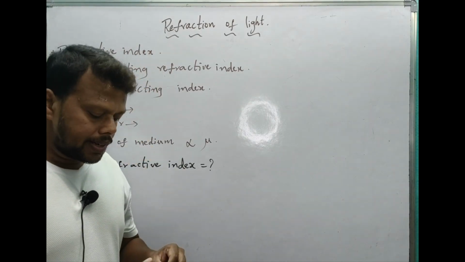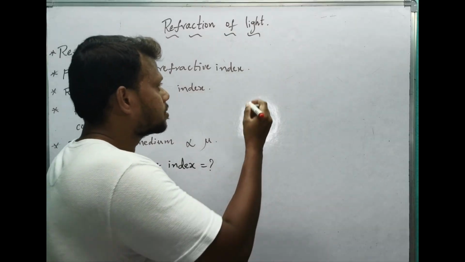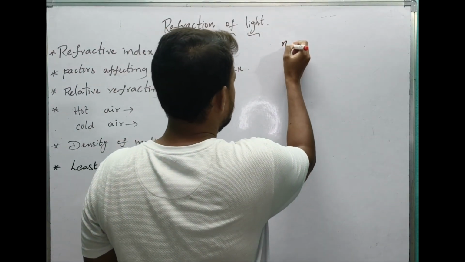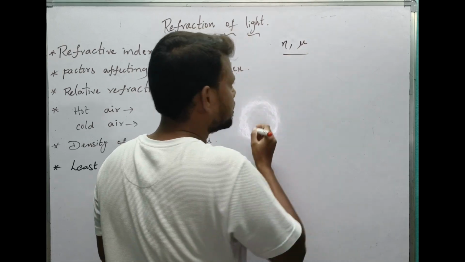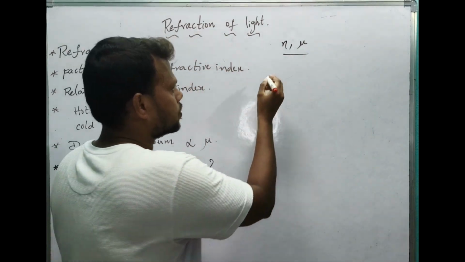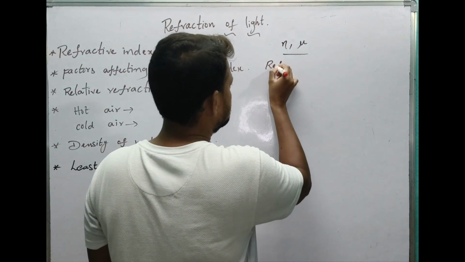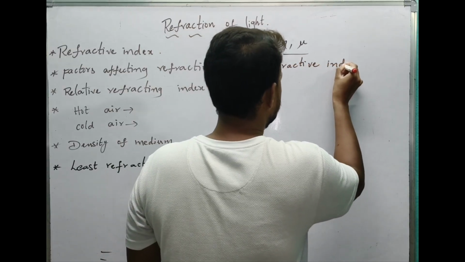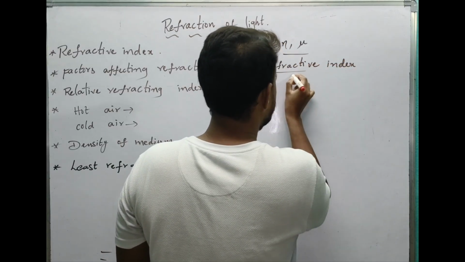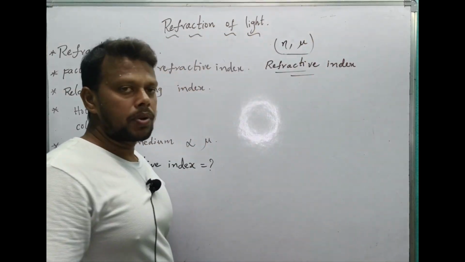Let me see the refractive index. How can we say the refractive index? It is represented by small n or mu.